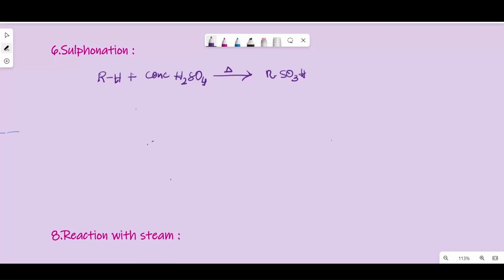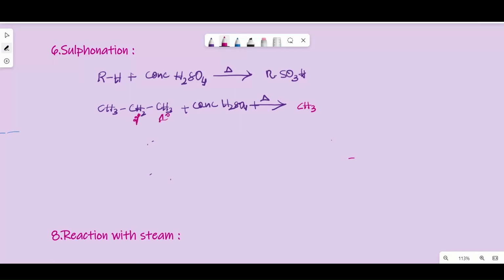So let's see one example, the same example as we took for nitration. Let's take propane. If you add concentrated H2SO4 in the presence of heat, we will get two products, because here we have a primary carbon and a secondary carbon.